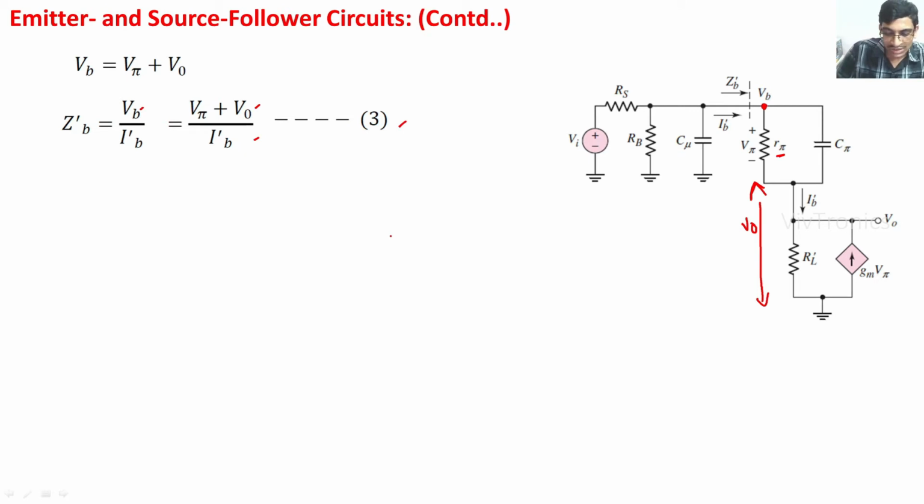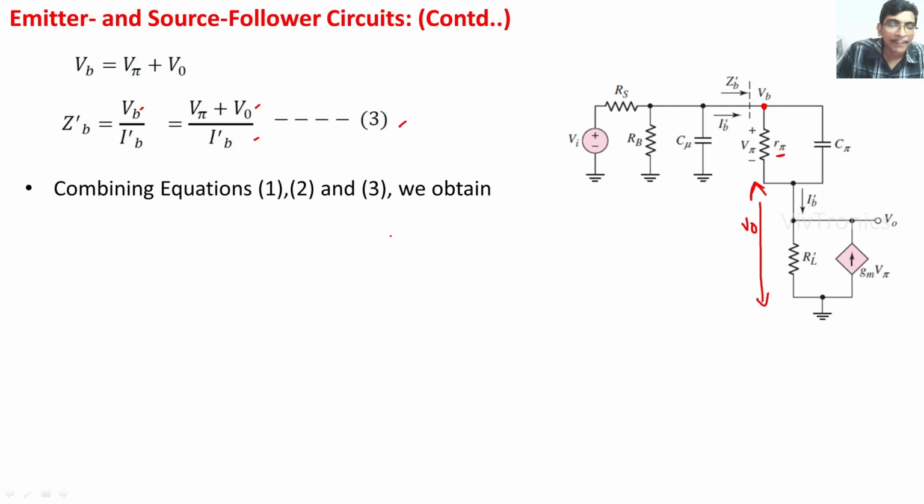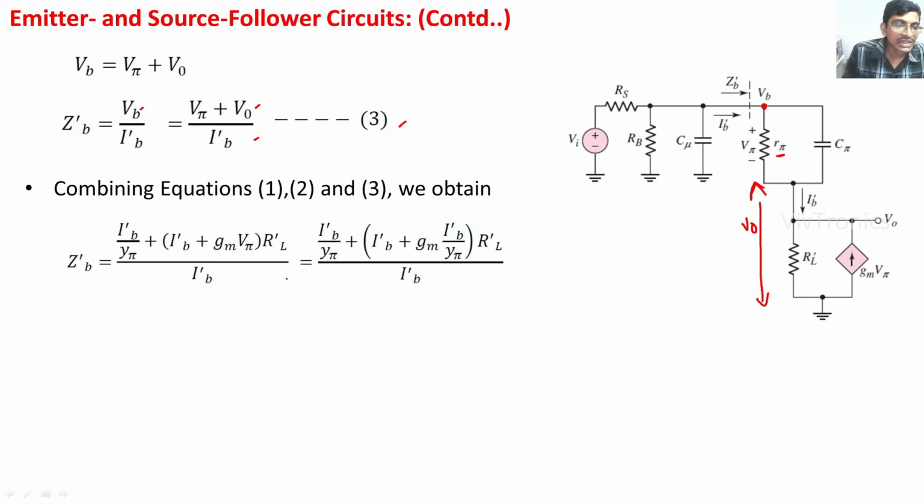Now we can use equations 1, 2, 3 in order to get the input impedance of our circuit. By combining equations 1, 2 and 3, we can obtain ZB dash. Here I am going to substitute the V pi value. So V pi is IB dash by Y pi, and V naught is IB dash plus GM V pi into RL dash, divided by IB dash.